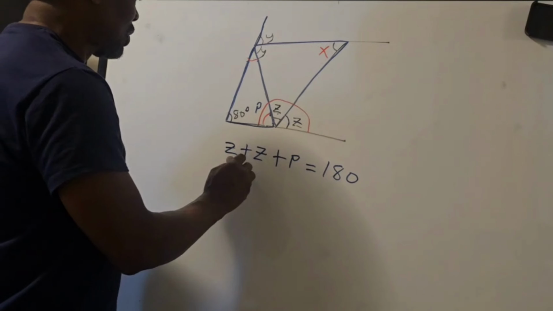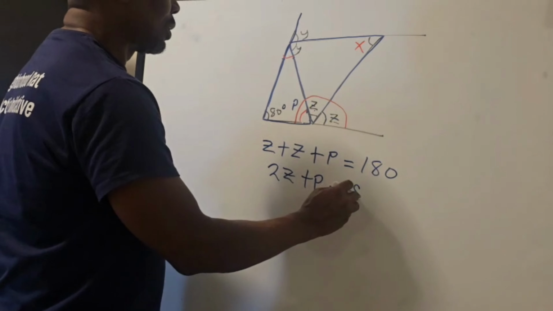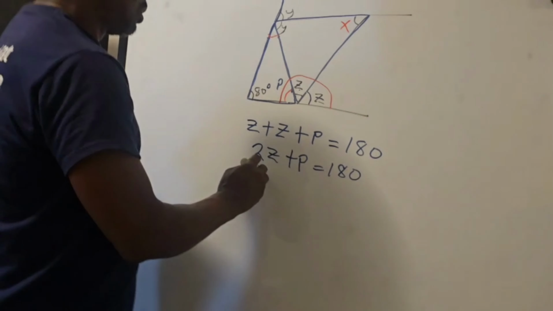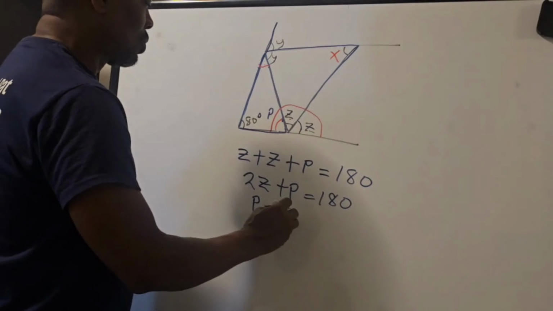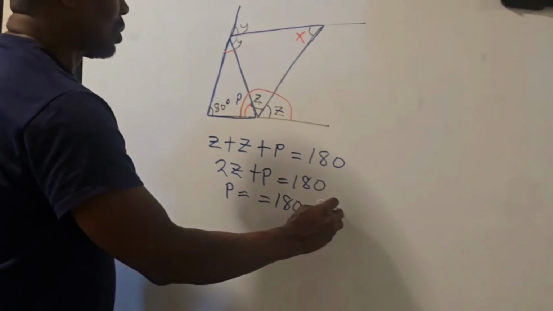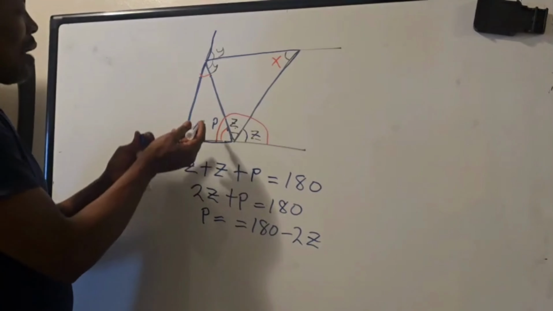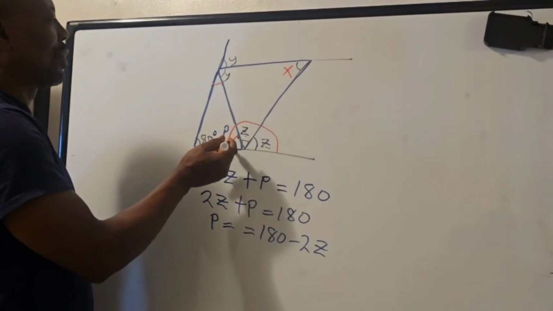So you have 2Z plus P equal to 180. P will then be equal to what? 180 minus 2Z. We have now found P, which is this angle here.